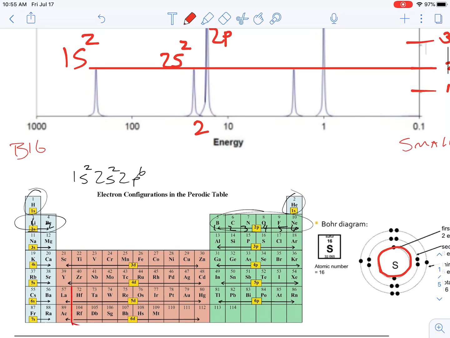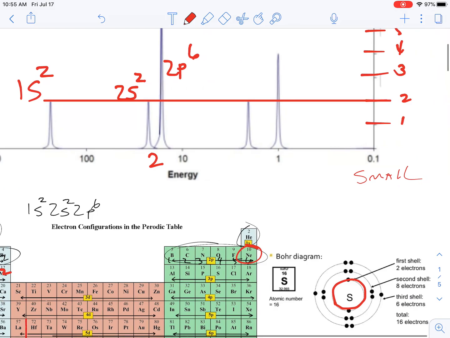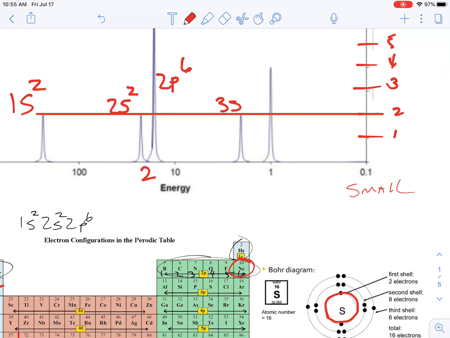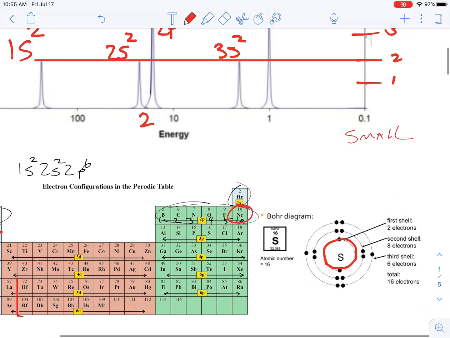Then our next one, after 1s2 and 2s2 and 2p6, we have reached this point here. Now we got to go more, so that takes us down to this level. So that's going to be your 3s, as it says here, 3s 1 and 2, which clearly we have here. So that's going to be 3s2.